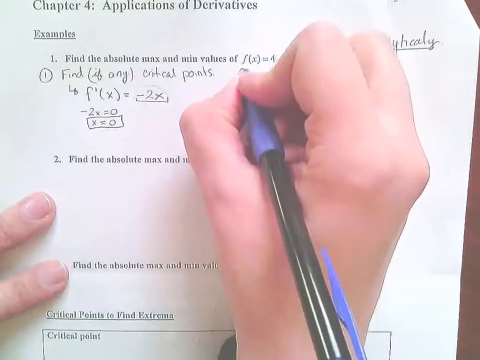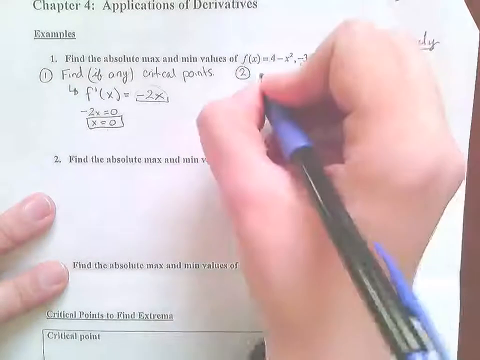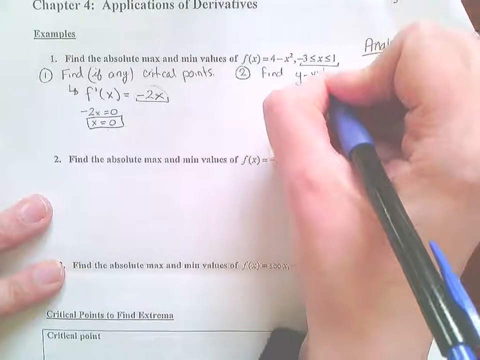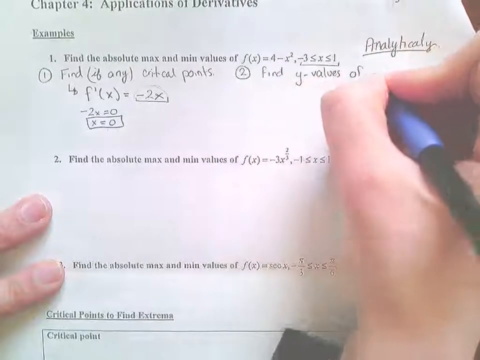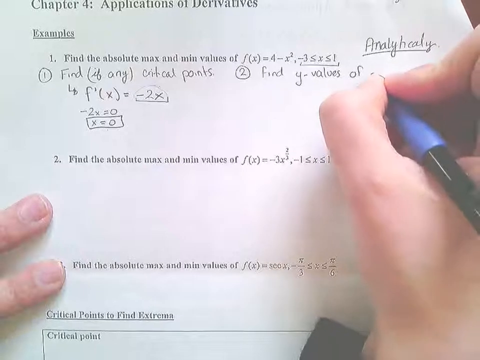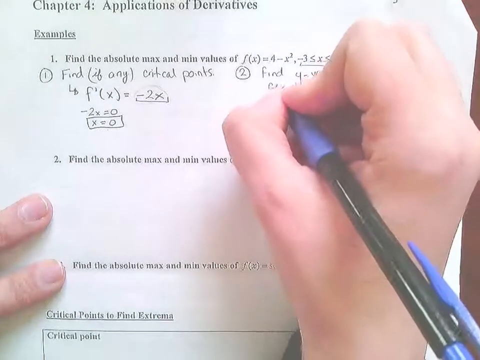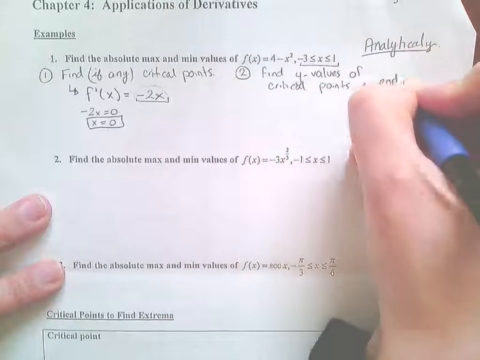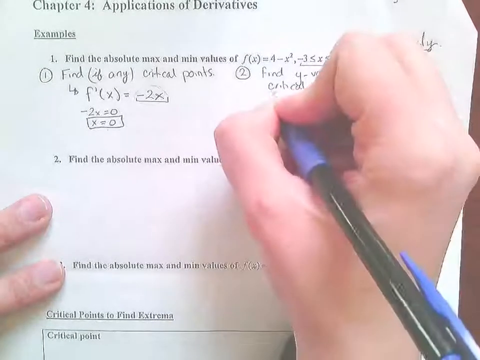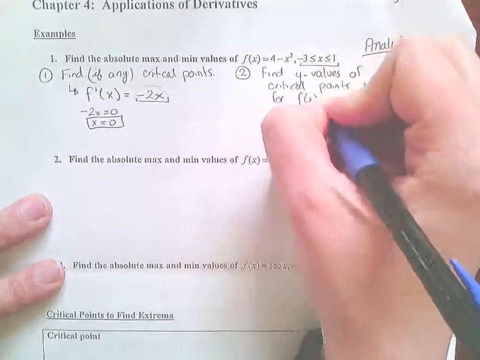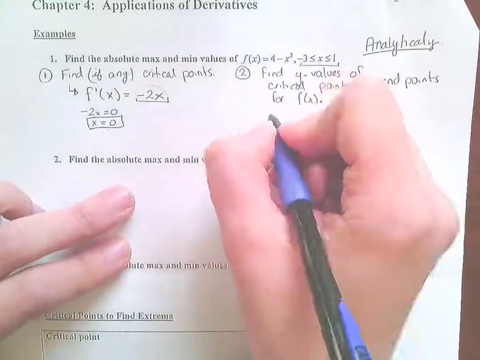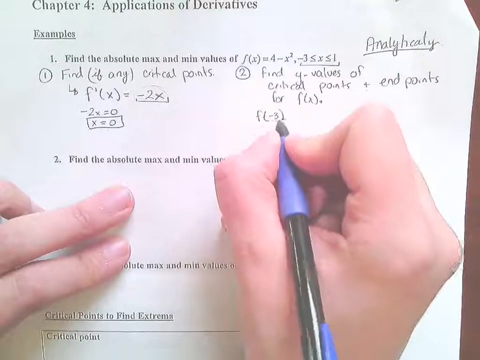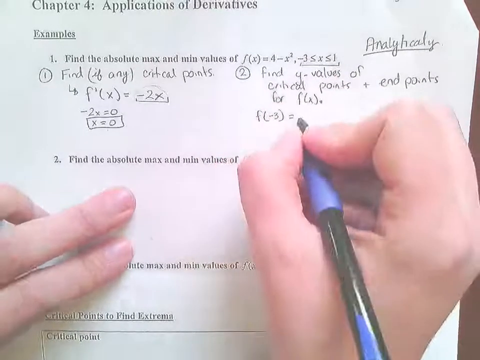And then step 2 is we are going to find the y values of the critical points and endpoints for f of x, for the original function. So basically, when x is negative 3, what is y?